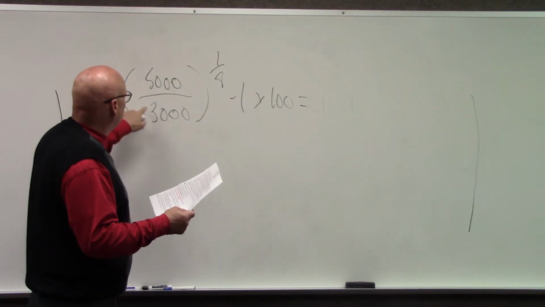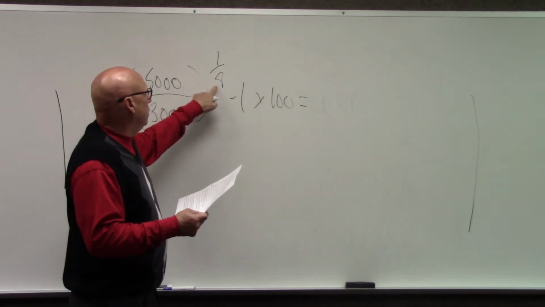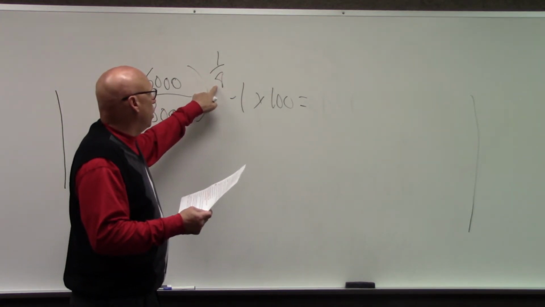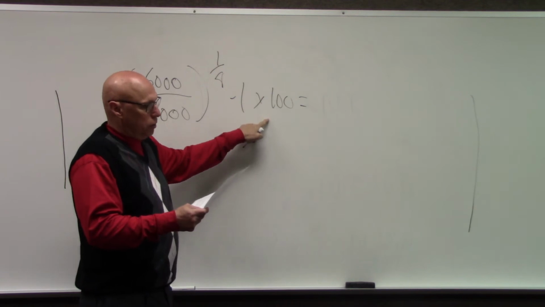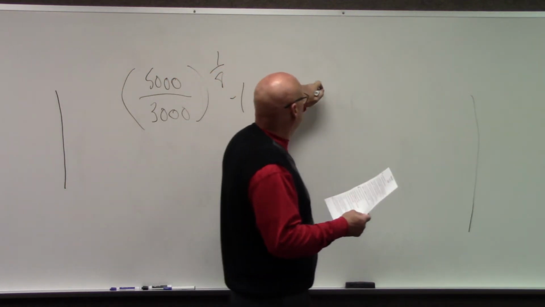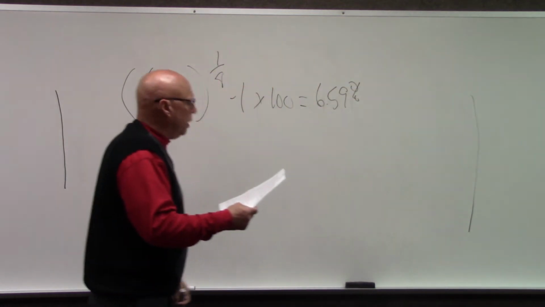So, 5,000 divided by 3,000 equals yx, 8, 1 over x equals minus 1 times 100, and you get 6.59%. Okay?